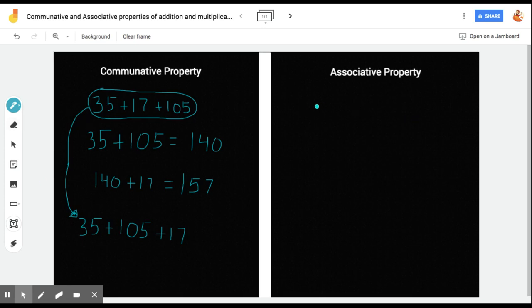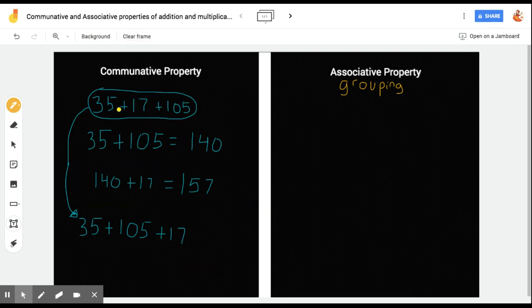All right. The associative property is pretty much the same thing. But the only difference with the associative property is that it has to do with grouping. So I'm going to write grouping. Also, while I'm saying that, the commutative property also works with multiplication.